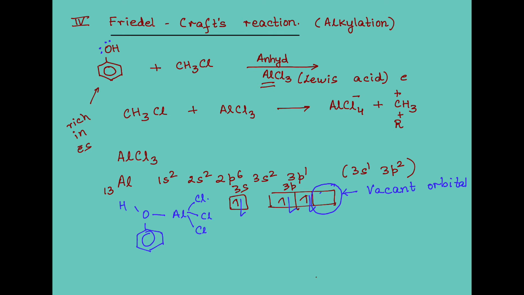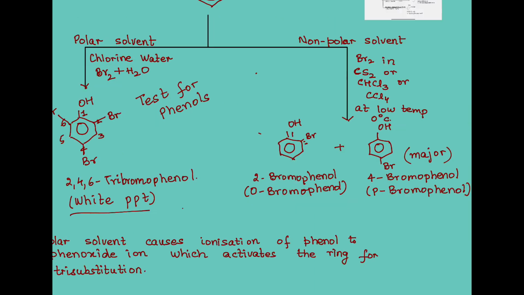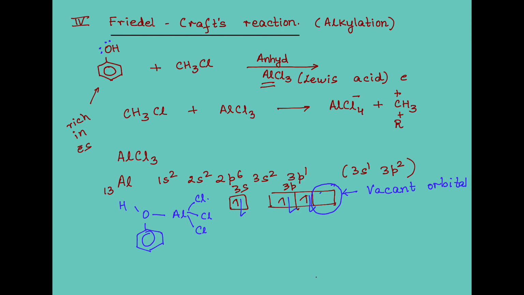Now, because it is forming a complex with the O atom of the phenol, what will happen? Are the electrons in the case of oxygen available to form the bond or to undergo resonance with the benzene ring? No, boss, they are not, right? So does our benzene ring remain activated as we have seen in the earlier cases? No, it does not.